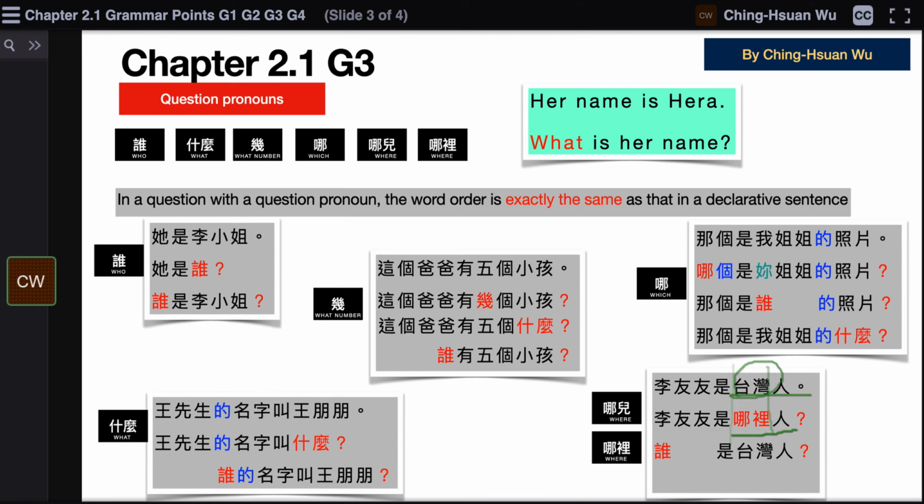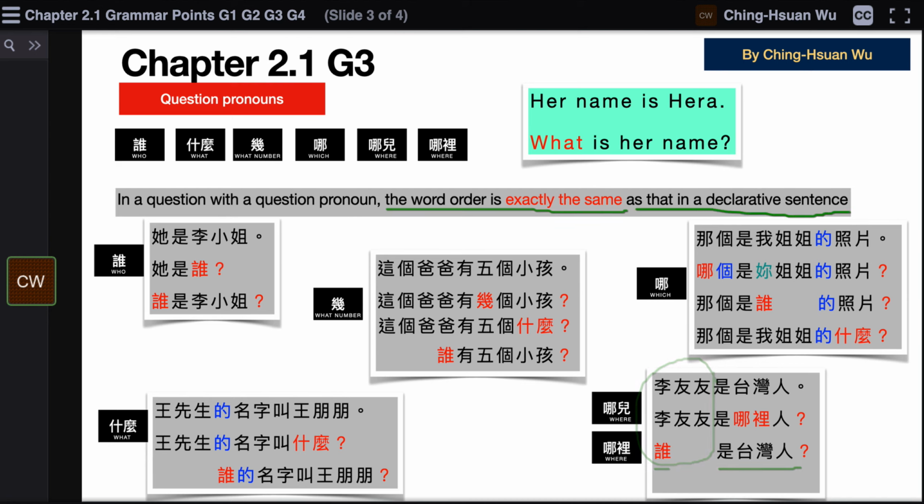So where is this person from? Or you know someone is from Taiwan, but you are not sure which person. Then you can ask about this part of information. 谁是台湾人?